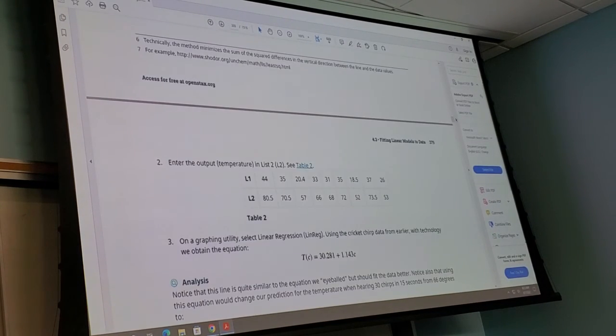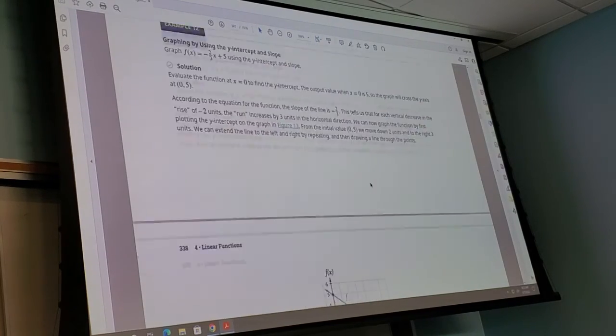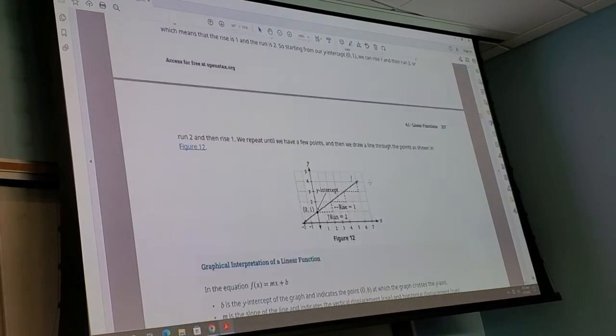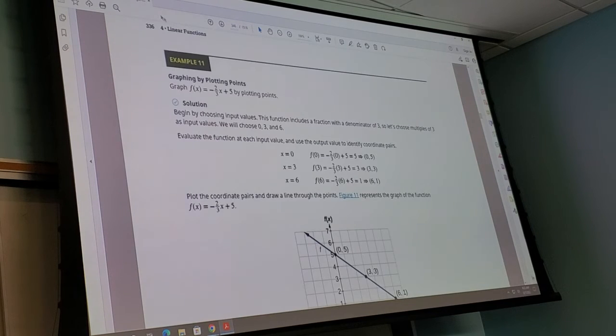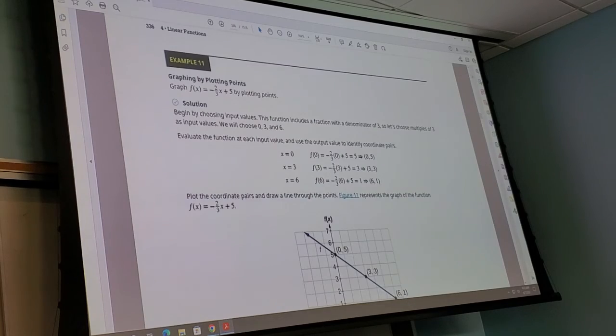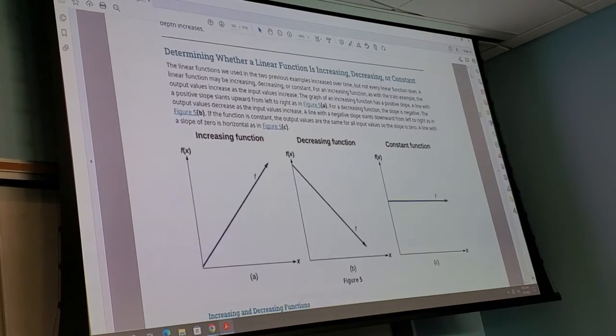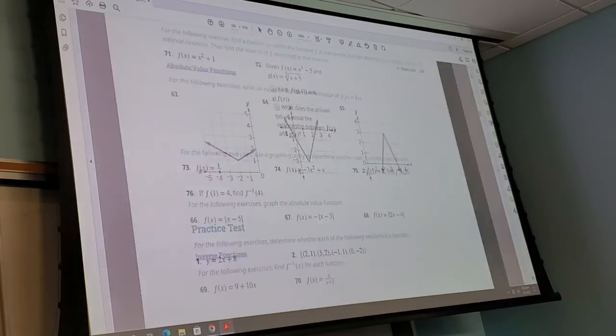I'm in 4-3, please. 4-1. I'm trying to get around this thing. Here we go.